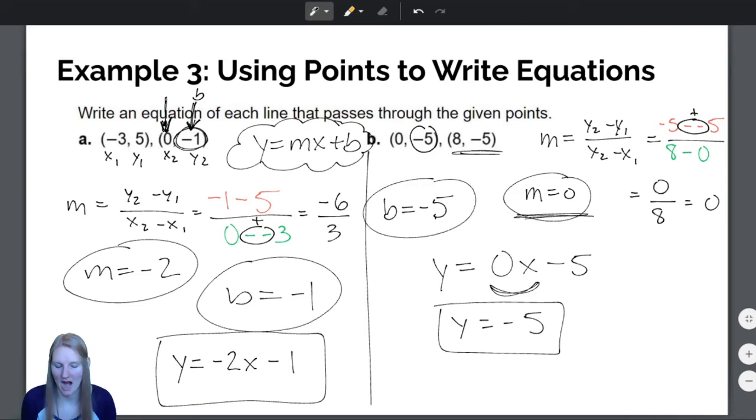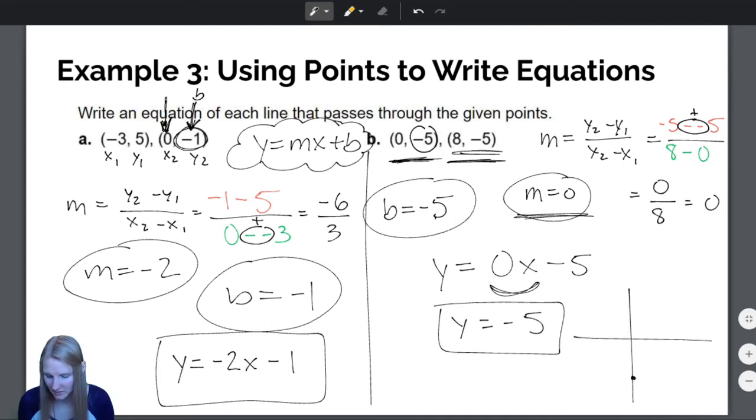And if we graphed these 2 points, 0, -5, and 8, -5, and we connected the dots, you would see that it's a horizontal line. Horizontal line at -5.